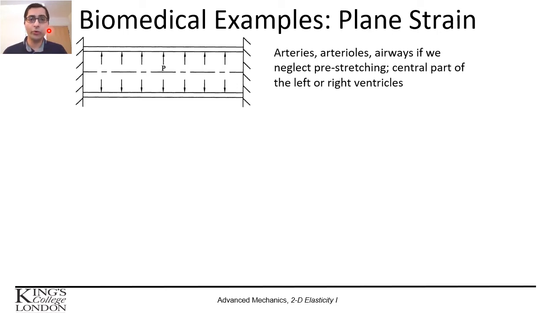Well, of course, nowhere in our body do we have those constraints, those walls that basically prevent a long duct from axially expanding or shrinking. But if a lumen or a duct is long enough, we can assume that there is no axial strain, and we can assume we have a plane strain case.